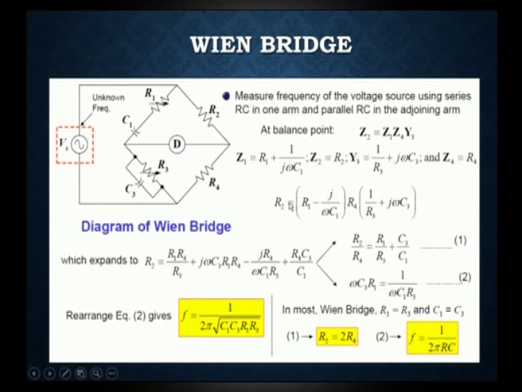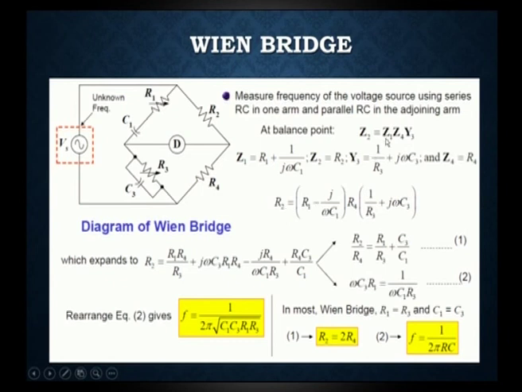After getting Z1, Z2, Y3 and Z4, it is easier for us to find the frequency. Rearranging everything, R2 is equal to R1 minus j by ωC1 into R4 into 1 by R3 plus jωC3.